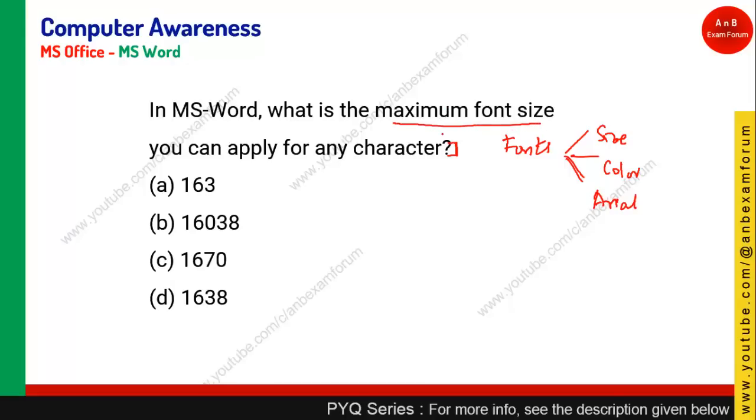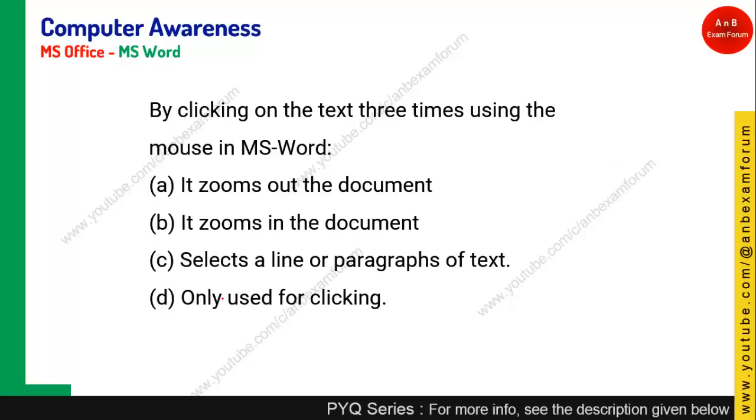Remember student, by default you have, I think, 8 or 10. But the maximum font size that you can apply is 1638. You can check it in your application. So option D, student, remember 1638 is the maximum size that you can apply in MS Word for the font size. Okay, let's see the next question.